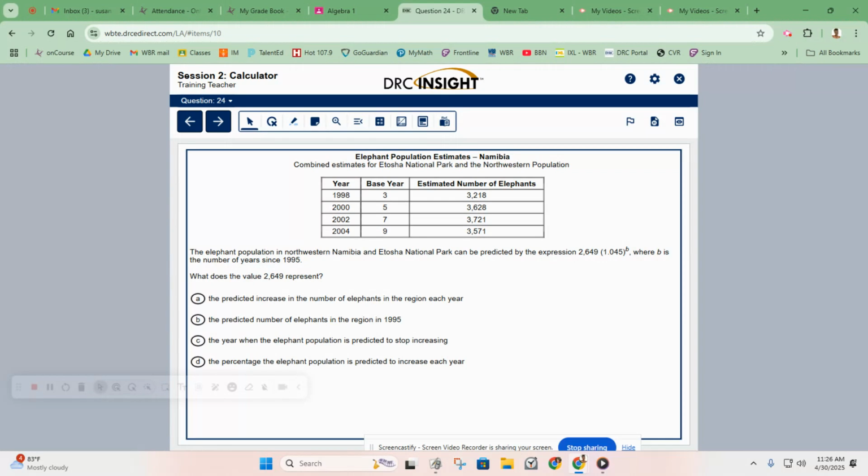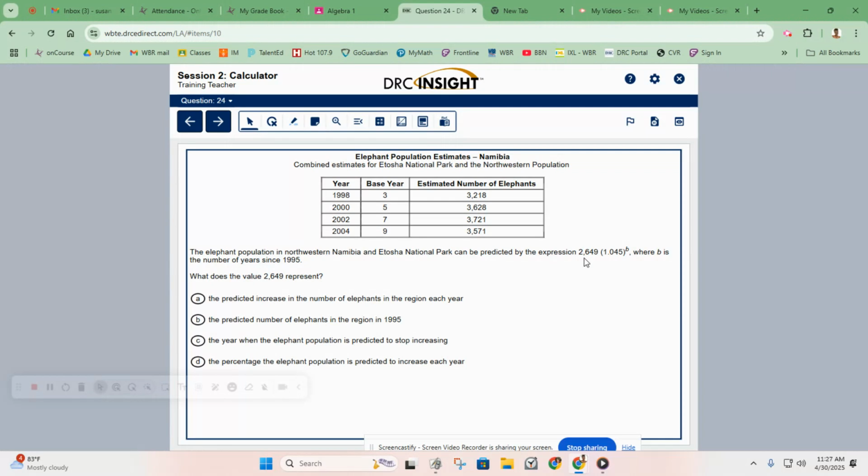I don't know if y'all remember when we did geometric and arithmetic sequences, but just like for lines, we have y equals mx plus b, the b is the beginning. For an exponential, the constant that doesn't have the variable is your beginning amount.